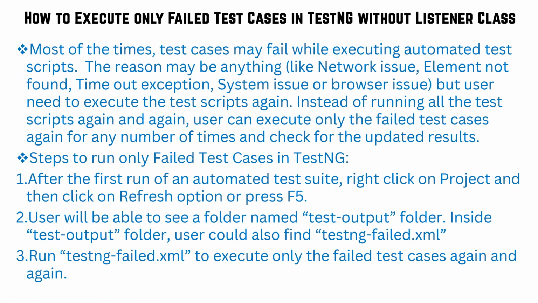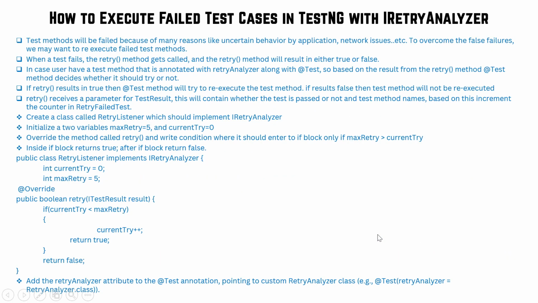Okay, in case a test case is failing, you do not want to execute the whole suite again and again. You can execute only the failed test cases through the manual approach with the help of the testng-failed.xml file. Apart from that, you can take the automatic approach with the help of IRetryAnalyzer. But here also you need to manually add a step for every test case, at the @Test annotation: retryAnalyzer equal to the RetryAnalyzer class .class.